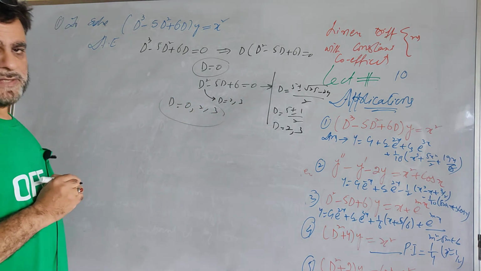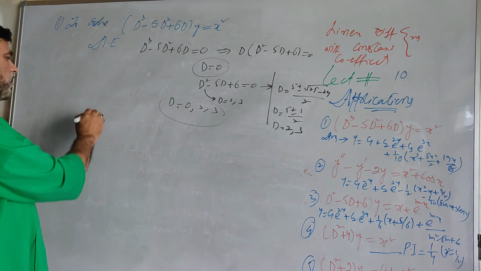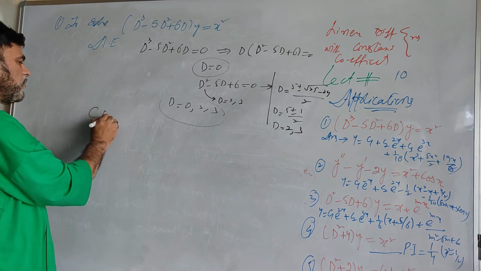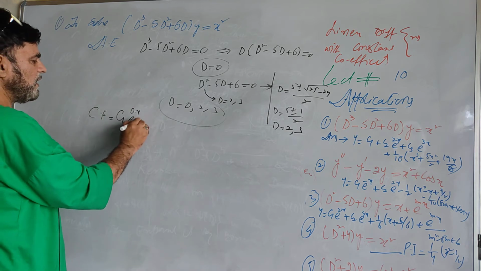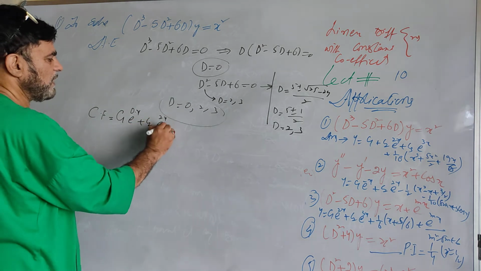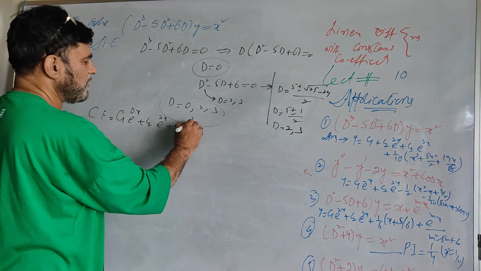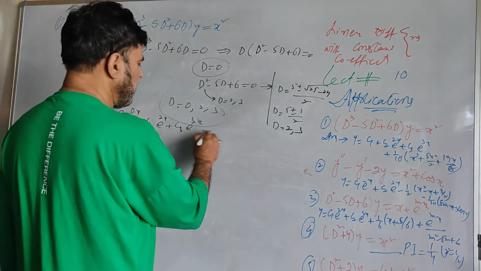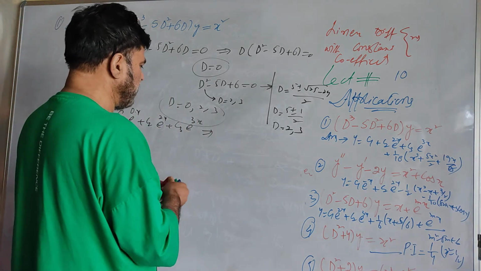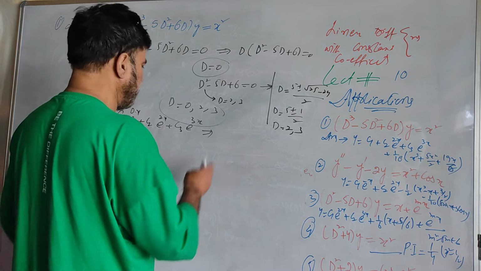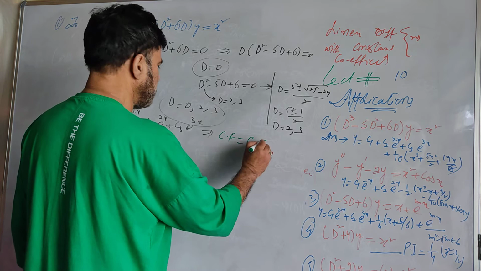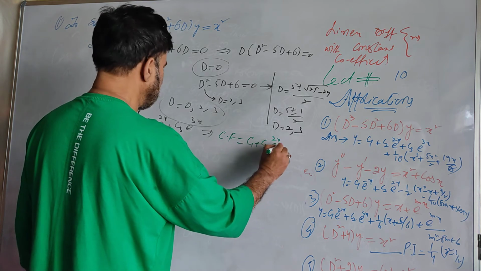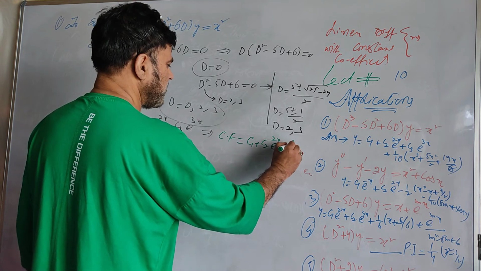You get real values of D. So what is the complementary function corresponding to this? The complementary function is c1 e raised to power 0x plus c2 e raised to power 2x plus c3 e raised to power 3x. So my complementary function is c1 plus c2 e raised to power 2x plus c3 e raised to power 3x.